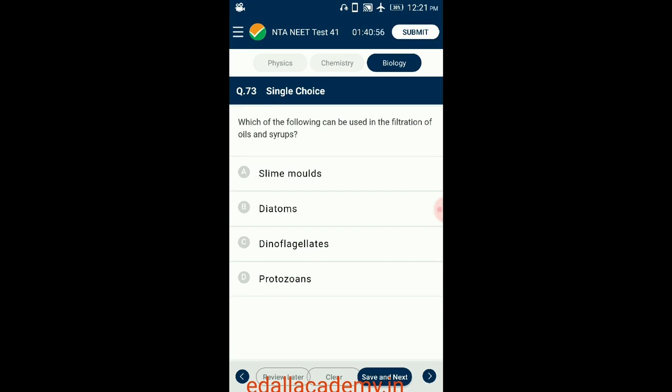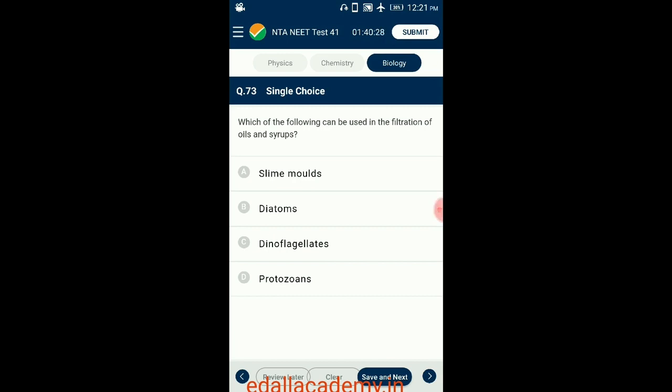Question number 73. Which of the following can be used in the filtration of oils and syrups? In diatoms, the cell walls form two thin overlapping shells which fit together as in a soap box. The walls are embedded with silica and thus the walls are indestructible. Thus diatoms have left behind a large amount of cell wall deposits in their habitat.